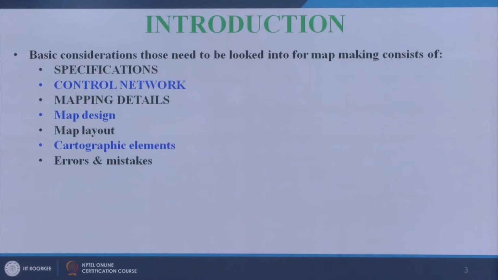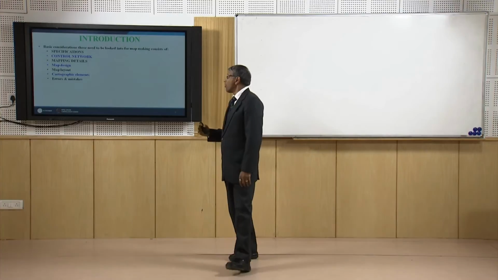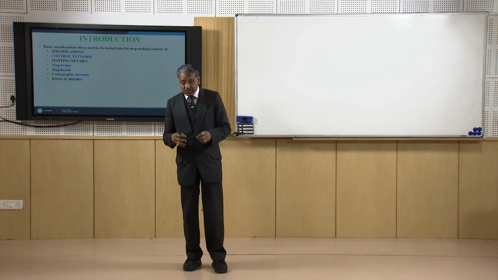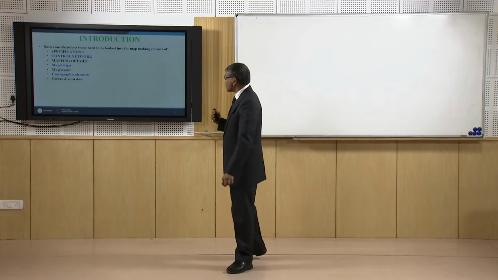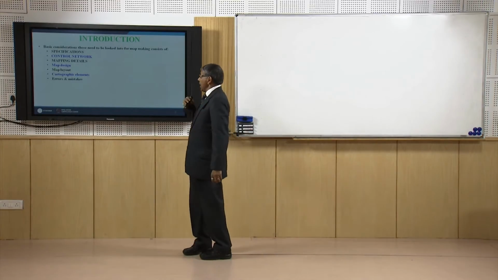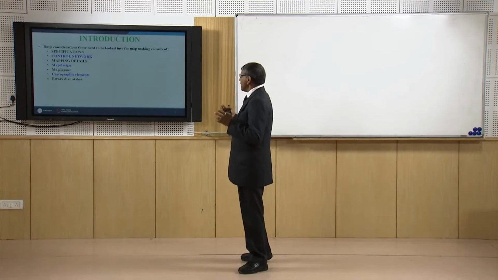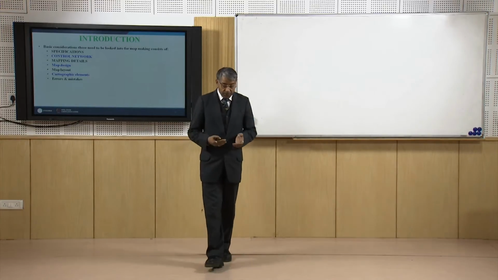specifications. We should first have the specifications which our map has to satisfy. This is required before we actually start the surveying work. Before we start the surveying work, we need to know what specification our map is going to satisfy, and based on that the whole surveying work will depend, the methodology will depend, and instrument selection will depend.